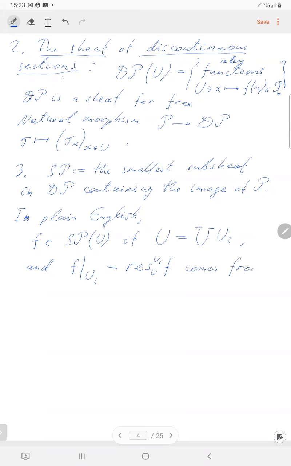Okay, I am ready to admit it. So in plain English, you just enforce this gluing condition.